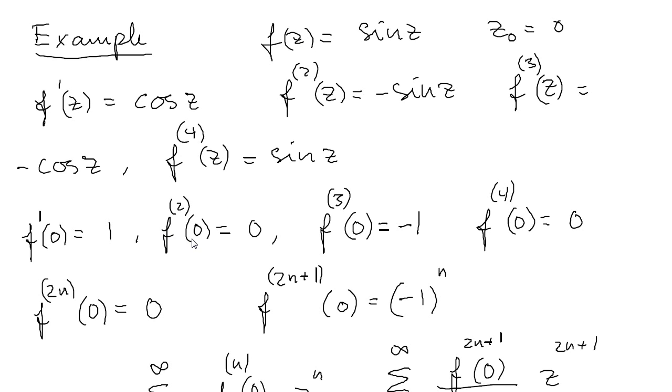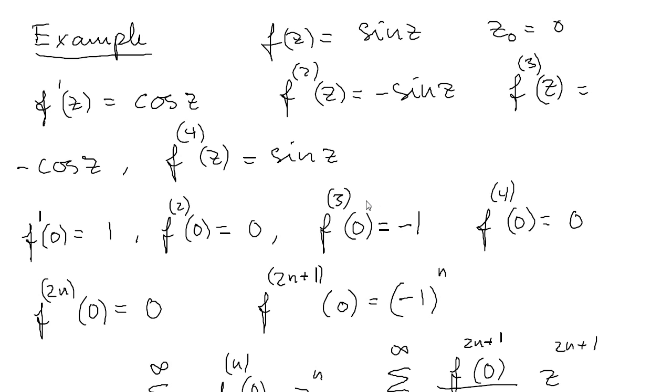The second derivative at 0 is equal to 0, because minus sine of 0 is equal to 0. The third derivative is equal to minus 1, because cosine of 0 is equal to 1. And finally the fourth derivative at the point 0 is equal to 0.